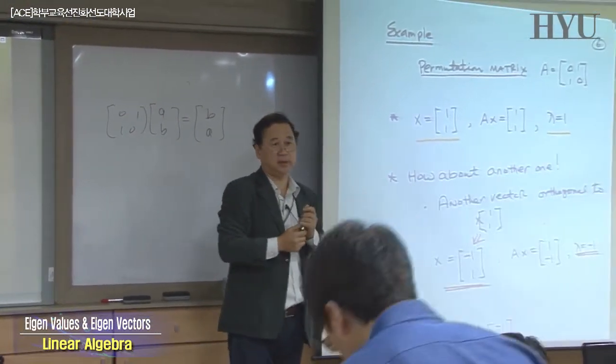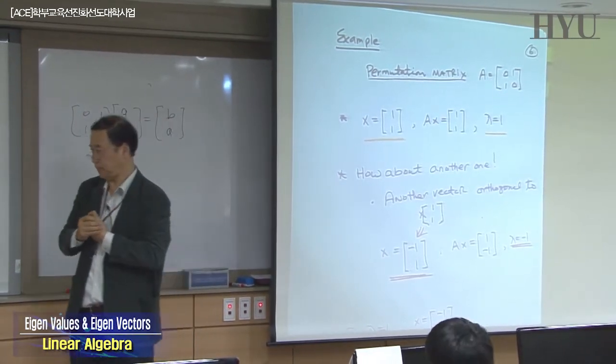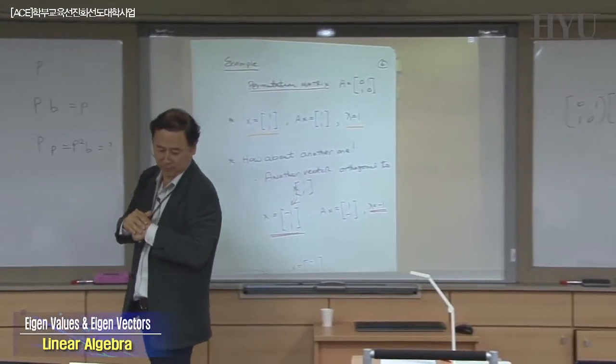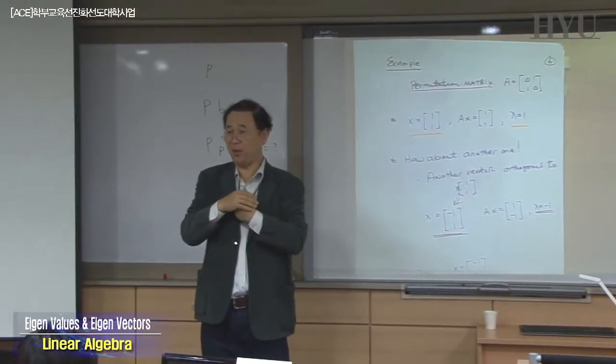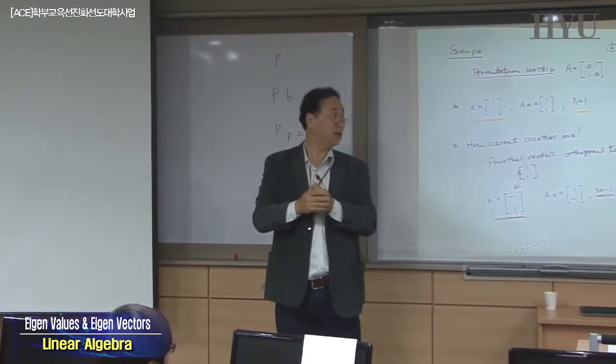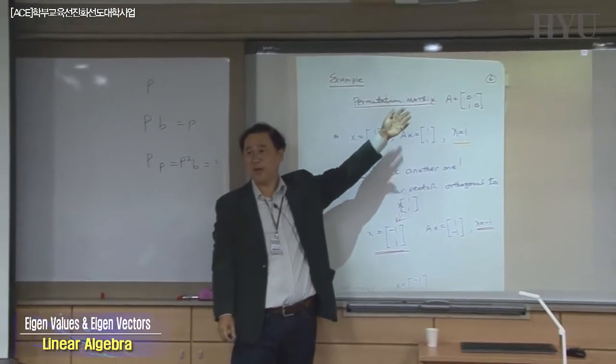From this, can you find any eigenvalue? So we have a matrix here, right? So we try to find the eigenvalues. How can you find the eigenvalues?